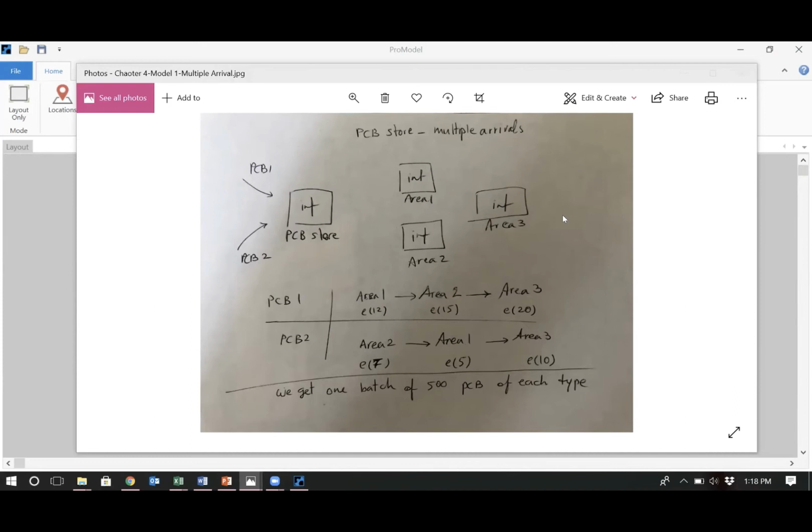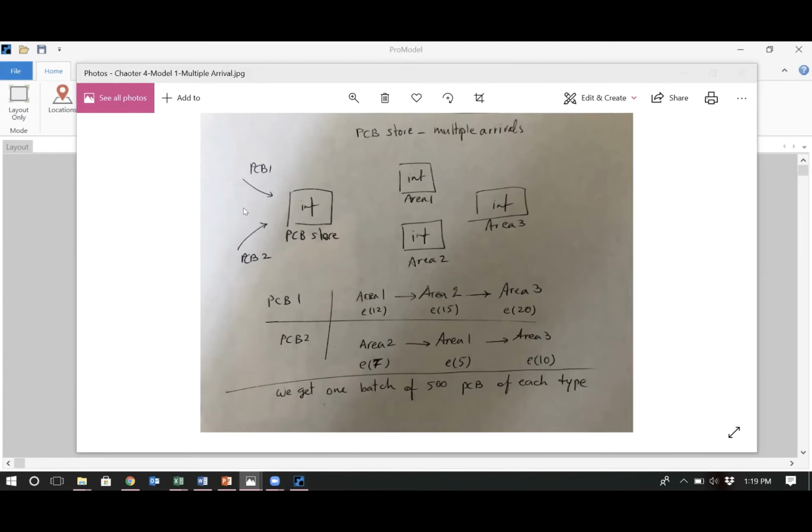So we took care of that in the processing. However, here I have 2 entities, but both of them are coming from outside the system. It's not that inside the system, PCB1 is going to be transformed into PCB2. No, both entities are coming from outside to the system. And when we have entities that are coming from outside, we always specify 1 arrival for each of them.